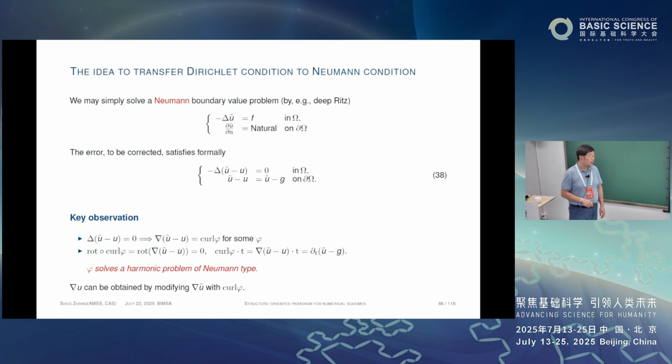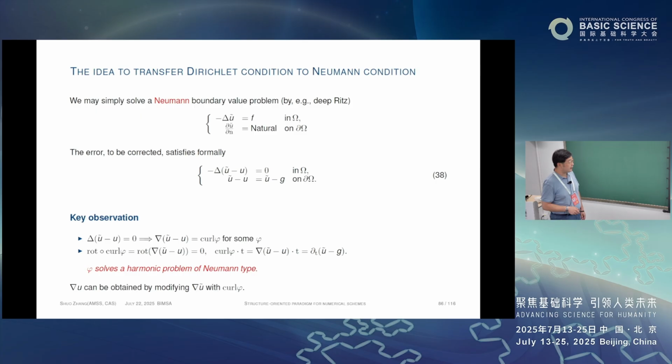This is a boundary derivative of the trace of u tilde minus g, which is known to us. So this way we get a harmonic function equation for phi, and this is a natural boundary value problem. That's it.